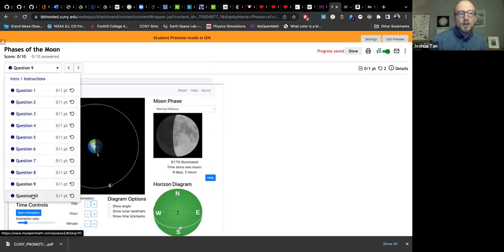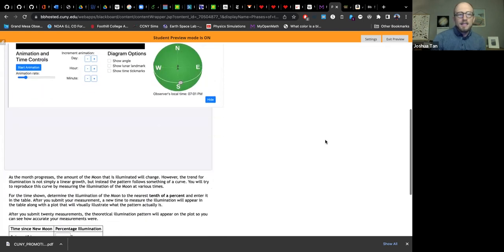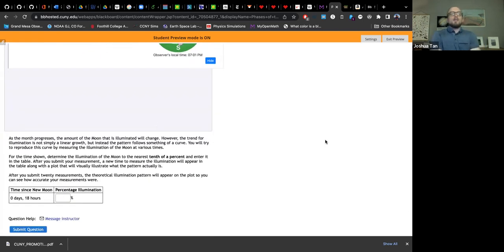And the very last problem in your first laboratory investigation, problem number 10, says as the month progresses, the amount that the moon is illuminated will change. However, the trend of illumination is not simply a linear growth. That means that as 1 day passes, and then a second day passes, doesn't mean it's twice as illuminated, right? It actually changes a little bit.